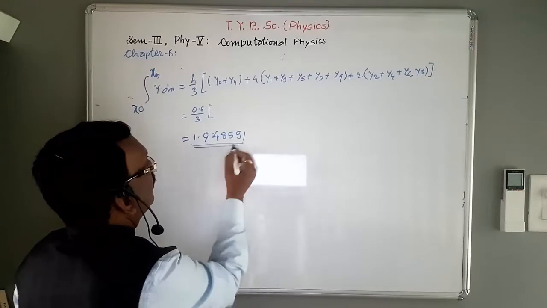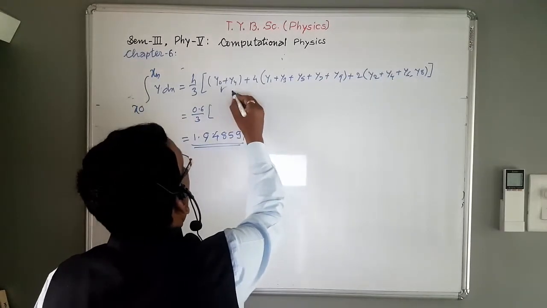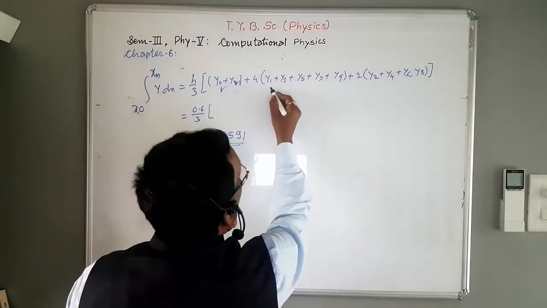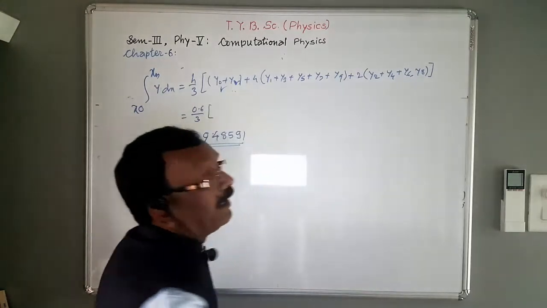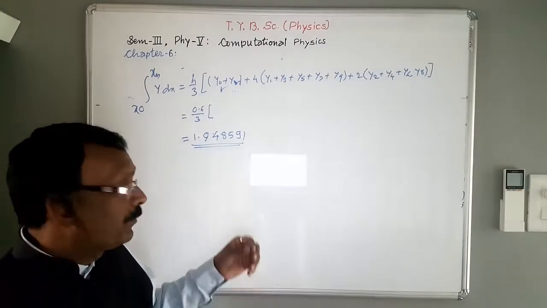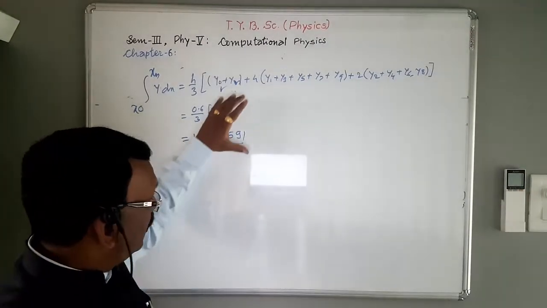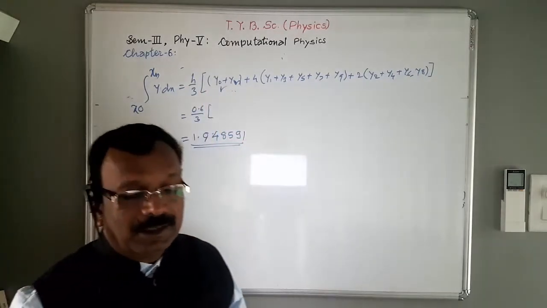This is the final integration. When you substitute the values of y0, yn, y1, y3, y5, y7, y9, y2, y4, y6 and y8 from the table which we studied a few minutes ago, calculate and solve the term, you will get this result.